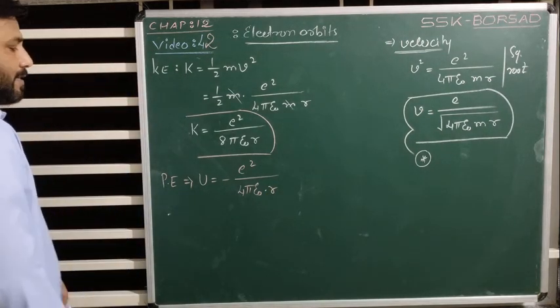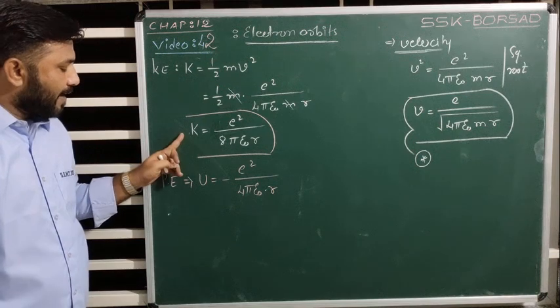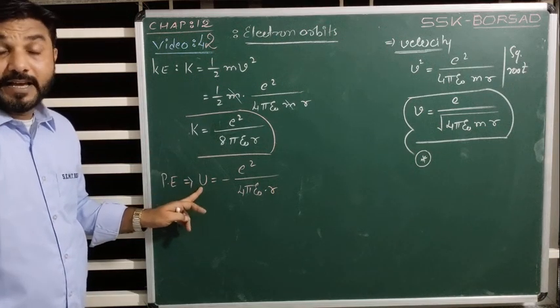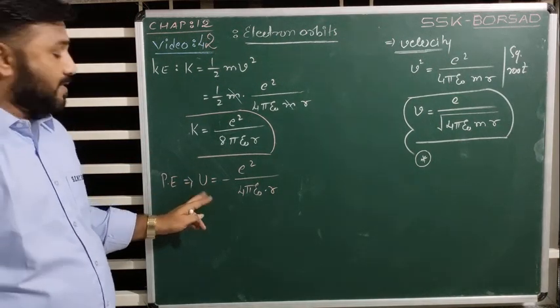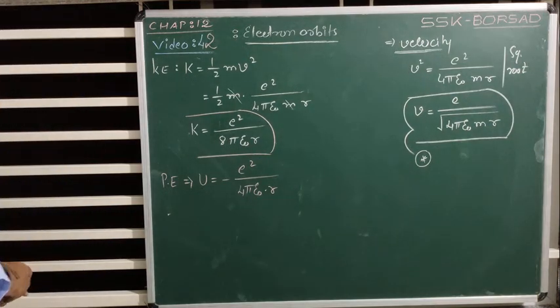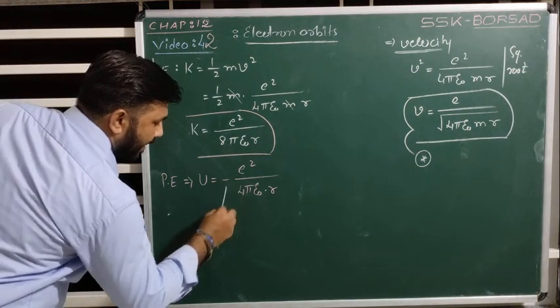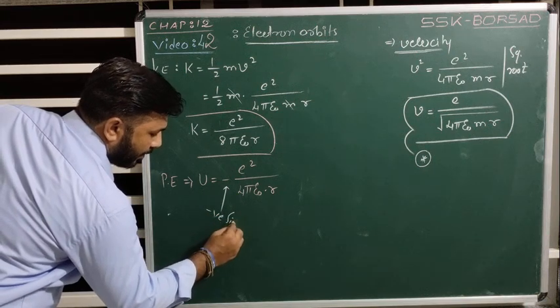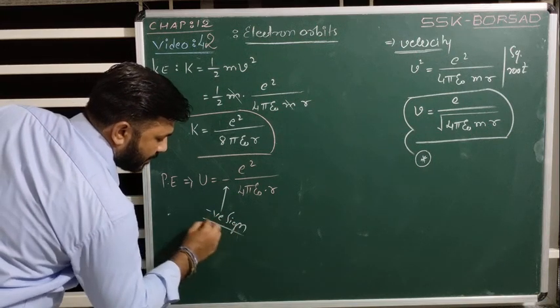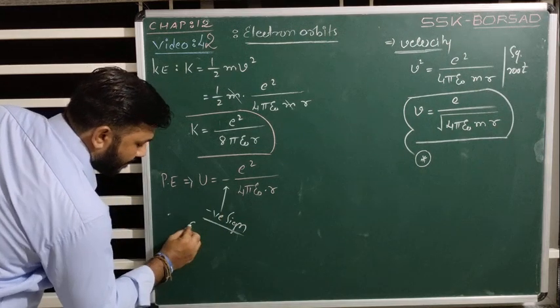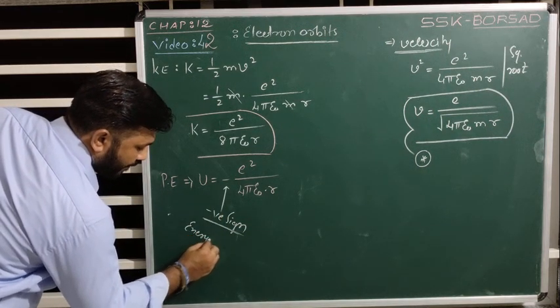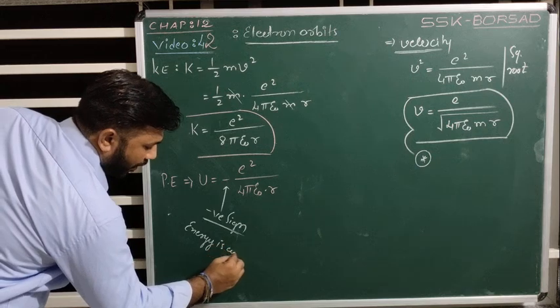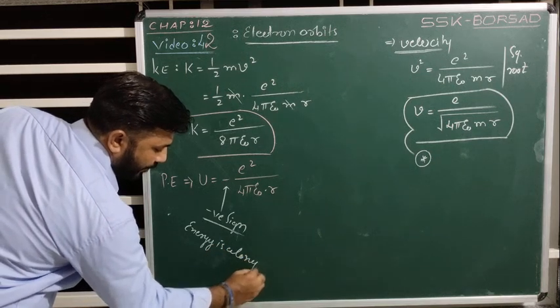So this is the equation of kinetic energy as well as the equation of potential energy. Okay, here the negative sign indicates this energy is along which direction?